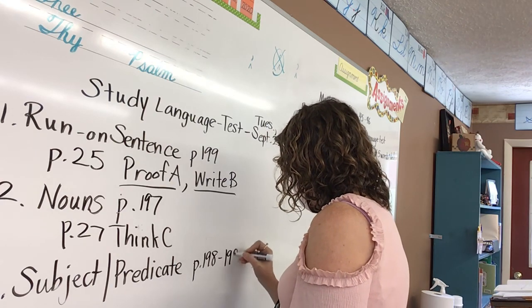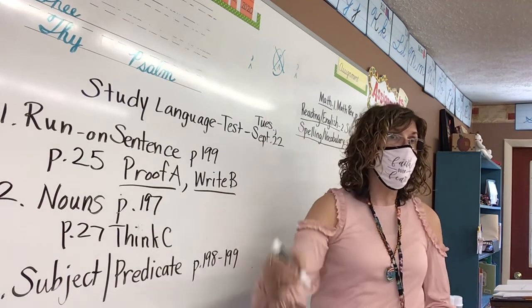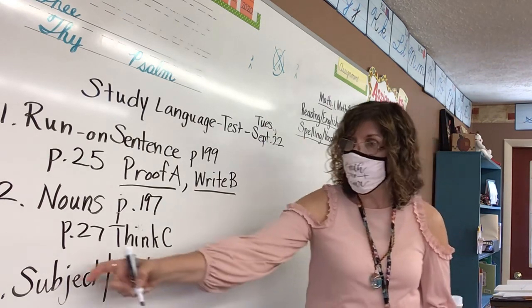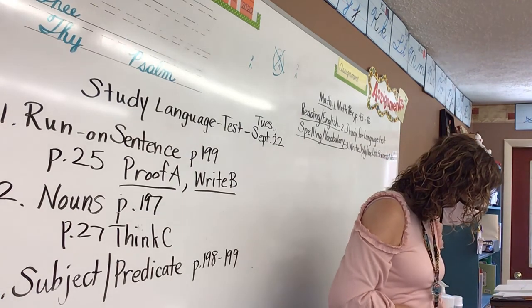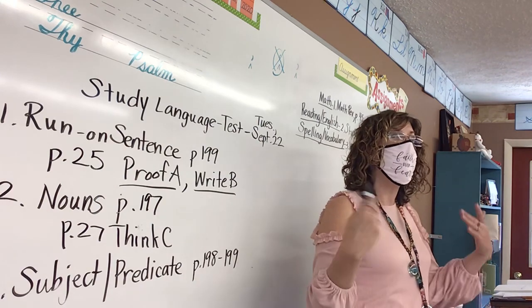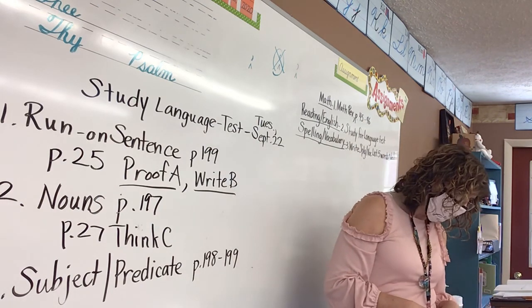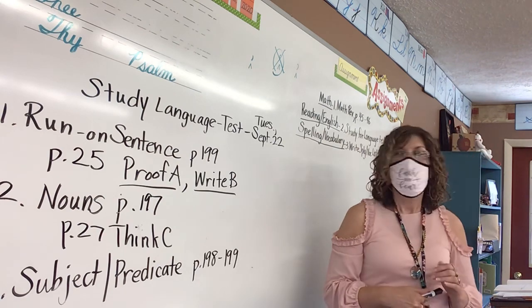Predicate is actually first because it's in alphabetical order. So P comes before S, so they give you the definition for predicate. It says the predicate part of the sentence tells something about the subject. So in other words, it's telling what they're doing, right? And the subject of the sentence tells who or what the sentence is about.